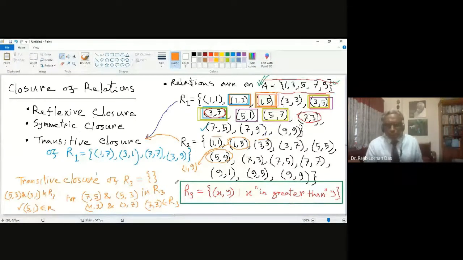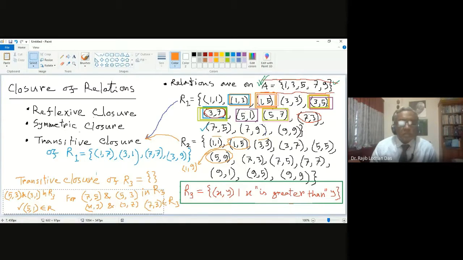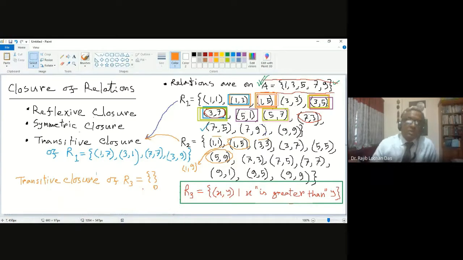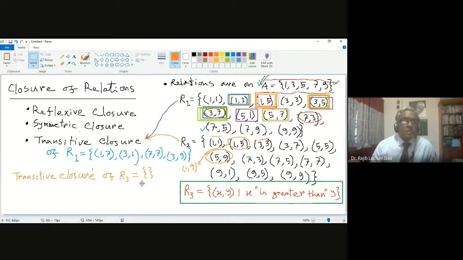So if you just write the transitive closure is null, then the answer is correct. But if you want to explain why it is null, how can you describe this?